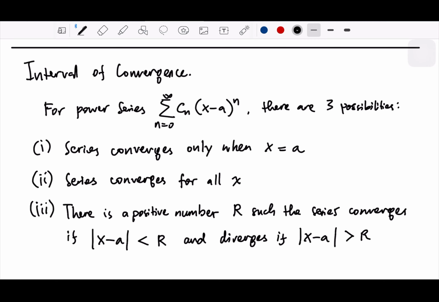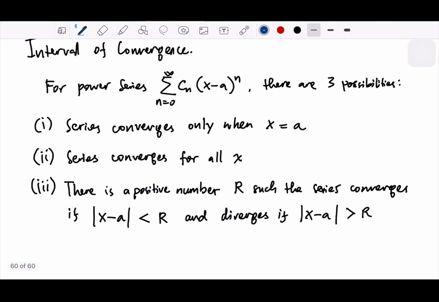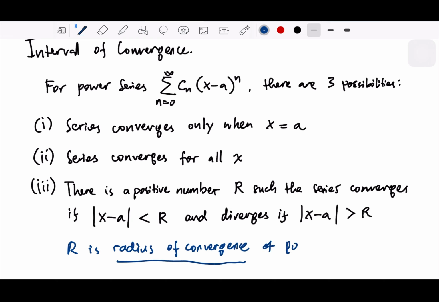So why did we use the ratio test all the time? Because basically that is the way we observe our power series. This less than R or greater than R is similar to what we did in the ratio test. But now we have the term R, which means R is our radius of convergence of the power series.